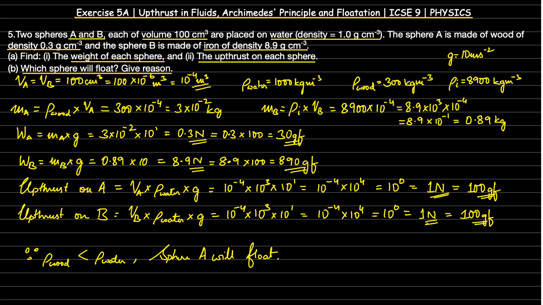So getting into the next question, that is question number 6. For question number 6, we would be writing: the mass of a block made of a certain material is 13.5 kg.